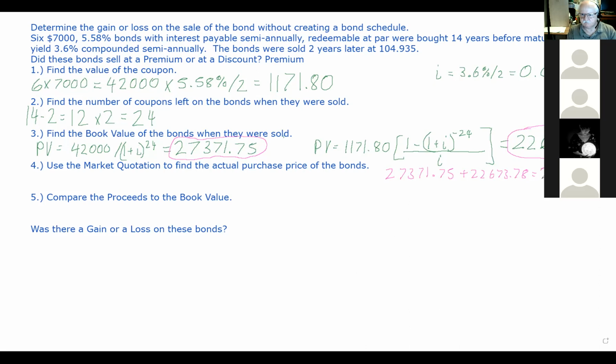And I'm getting 50,045.53. Moodle somehow wanted 0.54, but it'll accept 2 pennies either way. So our 5.3 would be fine here.